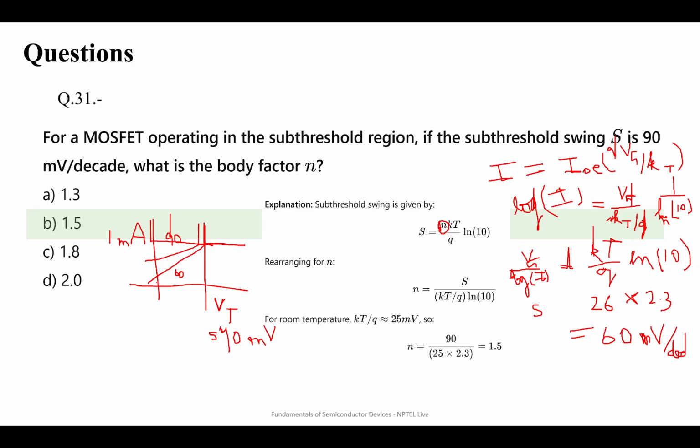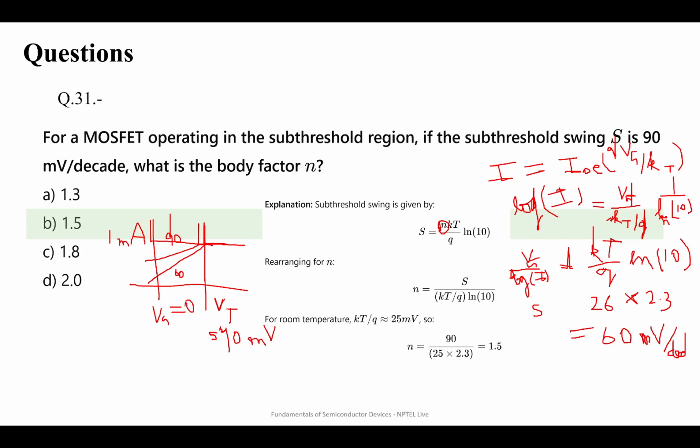Now I have to calculate the current. What will be my current when VG is 0? How will you calculate that? Less than 1 milliampere.